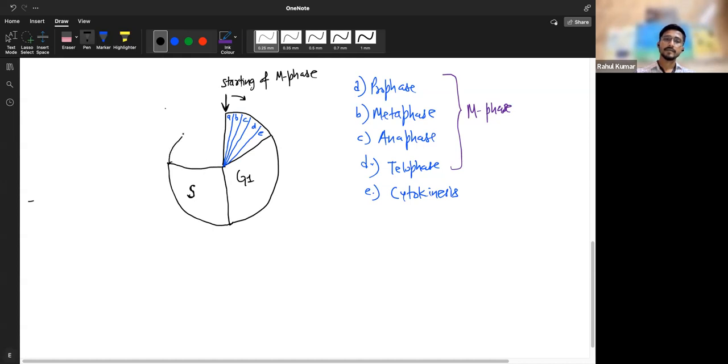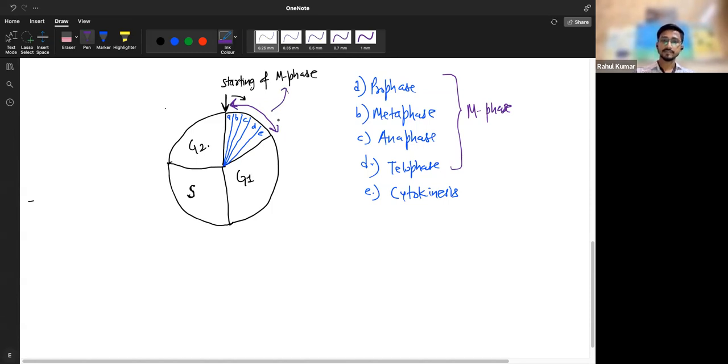And then it has a G2, growth phase 2. Is it clear? So you realize that only this part from here to here is actually what we have to study in detail. This is the M phase.